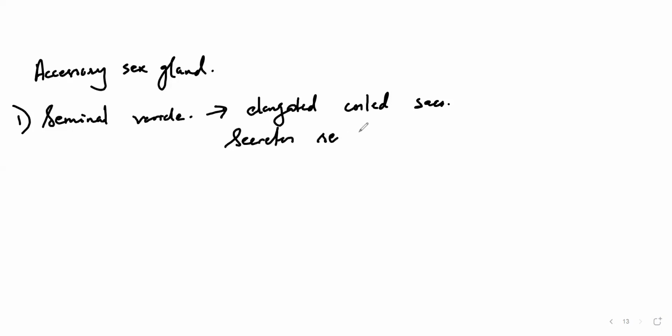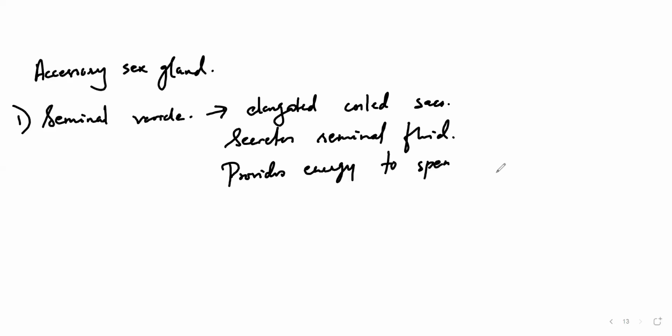Seminal fluid. And this seminal fluid in turn provides energy to the sperms. Now the sperms are also called spermatozoa. Whatever the seminal fluid is, this is what is called the semen.